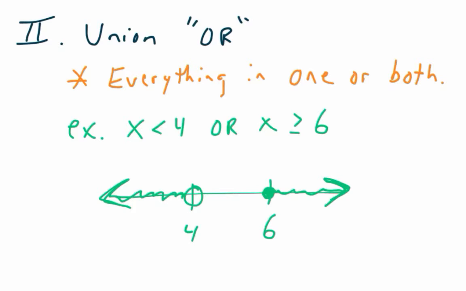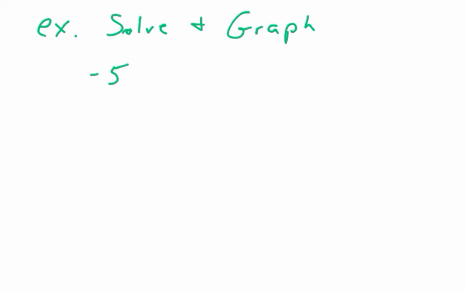If I were to jump to a different problem, for this example, solve and graph. And now I'm going to have two different things. Negative 5 plus 3x is less than or equal to 7, or 4x minus 6 is greater than 22.